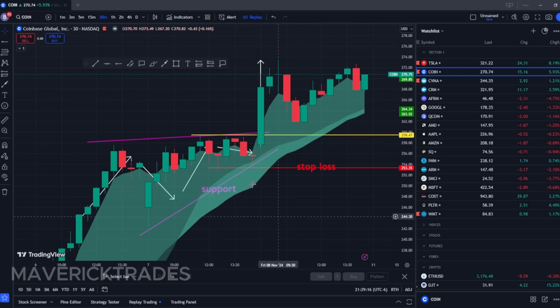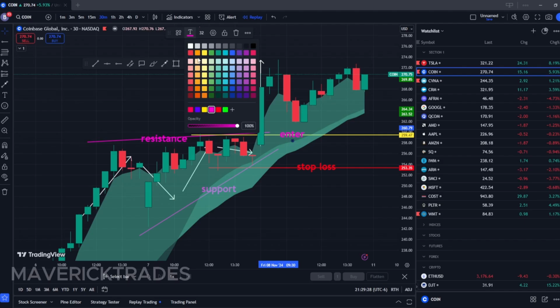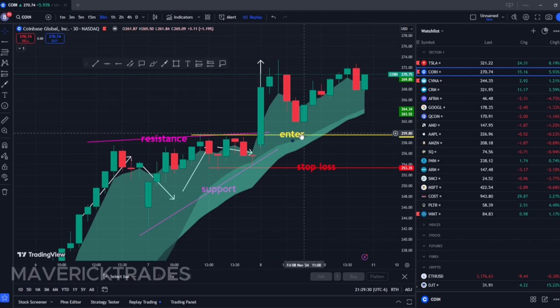So support, resistance. Okay. Enter is this yellow. I'll also post this in the Discord for you guys. Enter calls. Okay, right there.